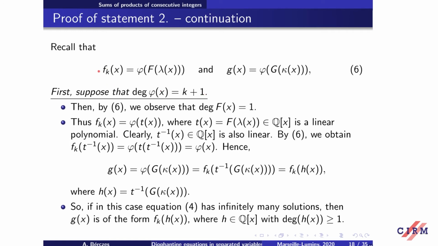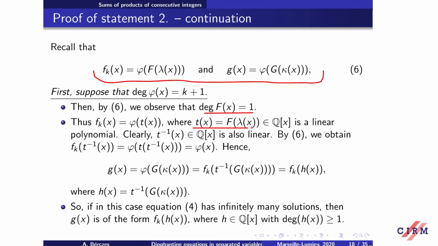We just recall that this is how F_k and g(x) are composed. Now, from this composition, we see that the degree of f must be 1, because φ is of degree k plus 1, so f must be linear. But then, clearly, we have F_k(x) equals φ(t(x)), where t(x) is f(λ(x)).